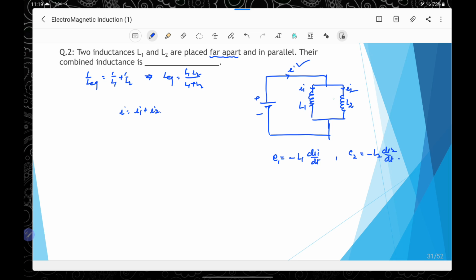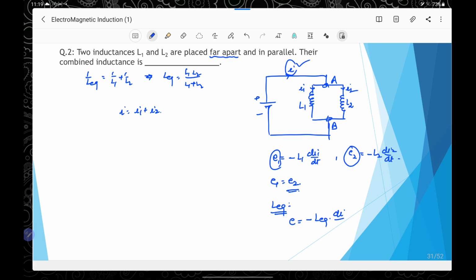Because these two coils are in parallel, this E1 and E2 will be equal because they are connected at the same terminals A and B. Therefore E1 is equal to E2. And finally, if we consider the equivalent inductance of the circuit as L equivalent, in that case also we can write the induced EMF for the combined system as minus L equivalent into the current change.